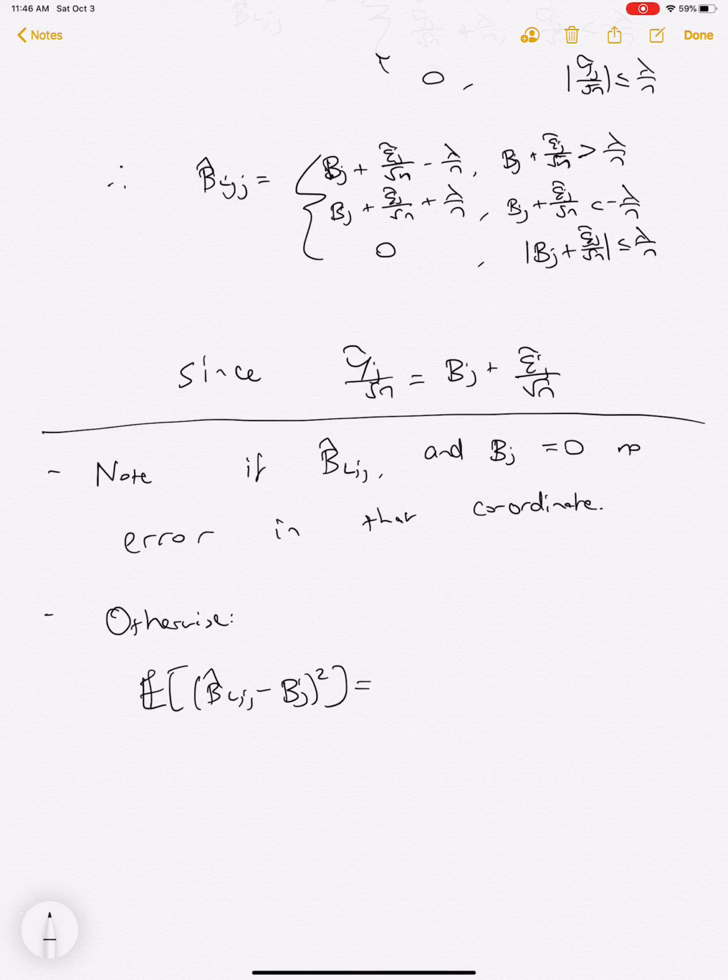Otherwise, you can see that we have an error that is equal to sigma squared over n plus lambda squared over n squared.